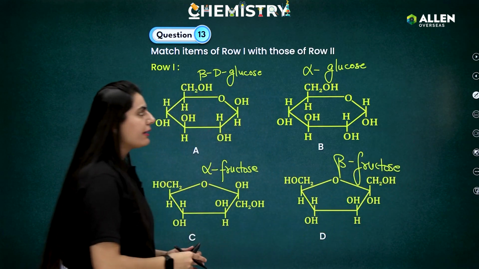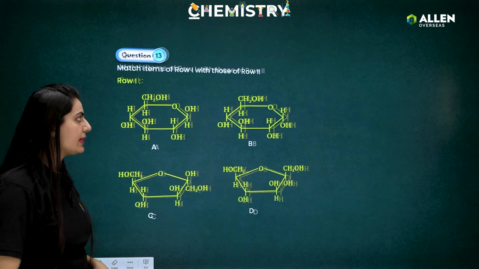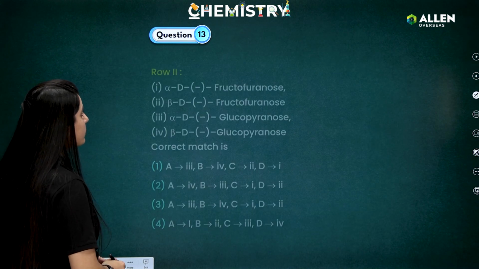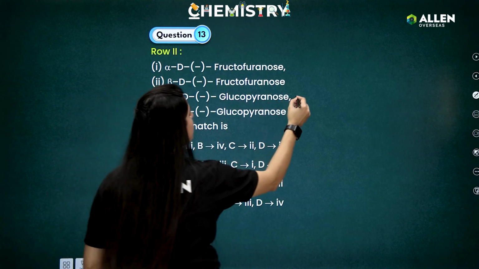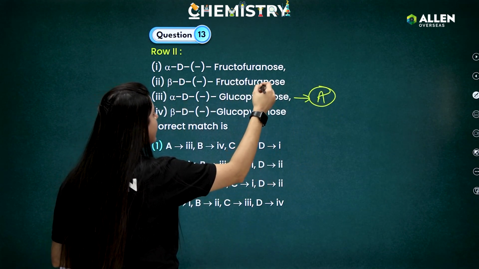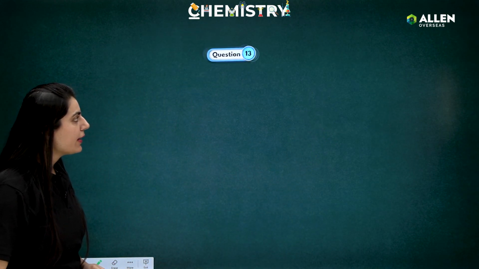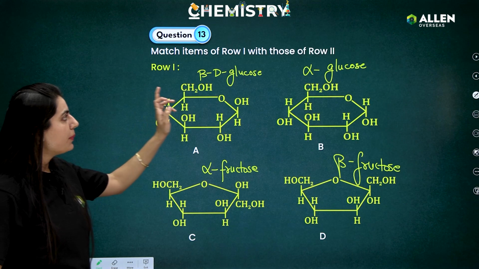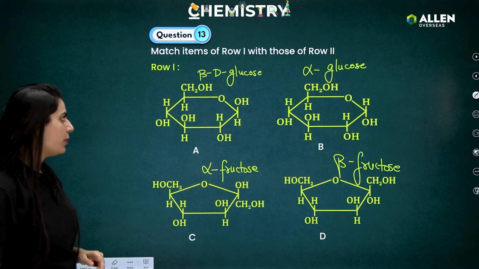So based on that, if we match, it will be beta alpha alpha beta. Okay, let's check. For the first one, alpha D glucose, so this will be our first one. Then we had beta glucose, that will be our second one. This was a beta one, then we have alpha. So beta alpha alpha beta.